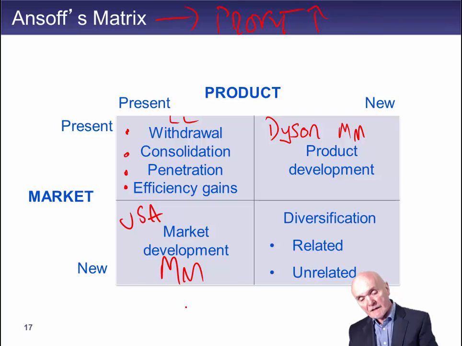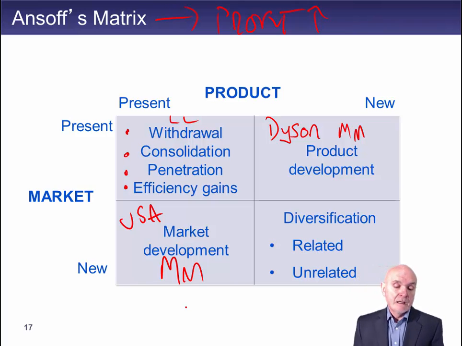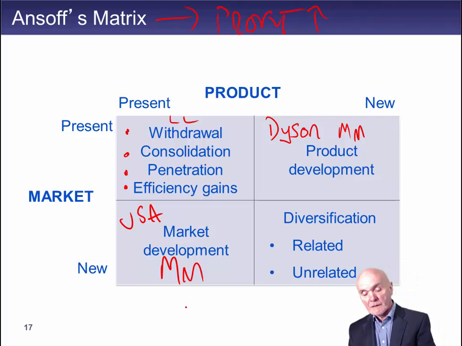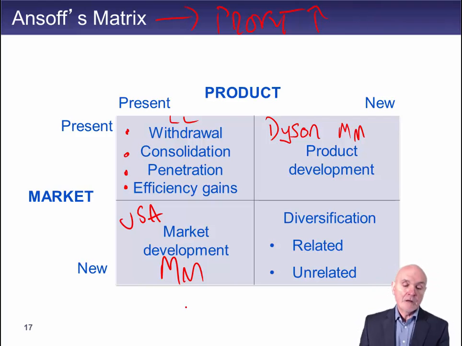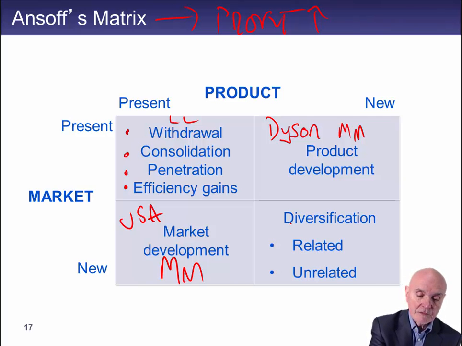And then we have diversification. To some extent, I think you're safe to regard this as a sign of desperation almost. You can have related diversification or unrelated. And related probably works. An example of related diversification, you may have come across the brand, is SAS Radisson.